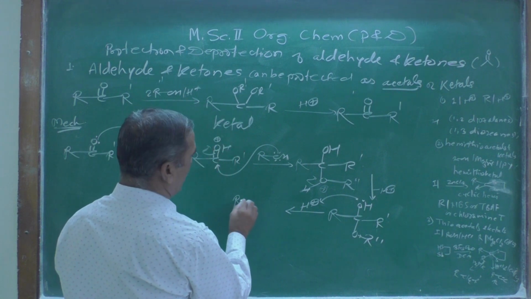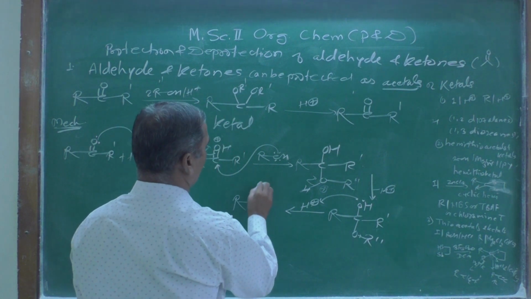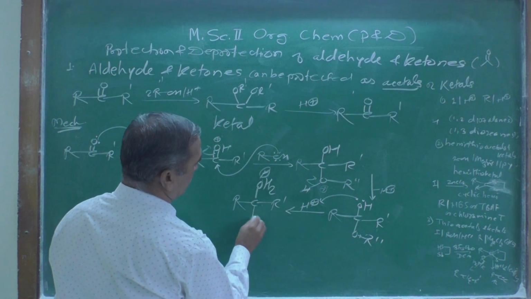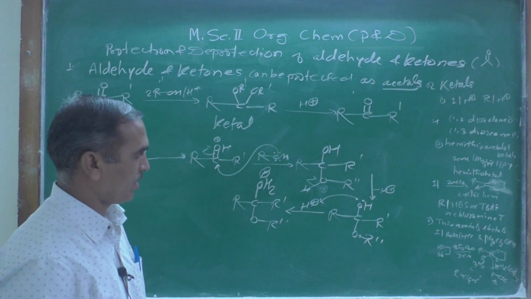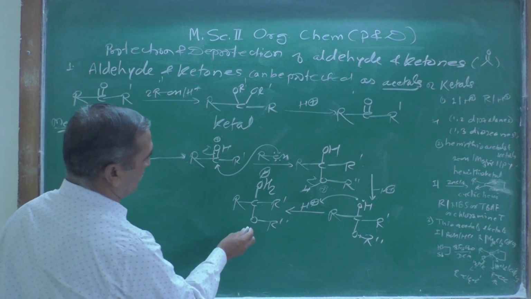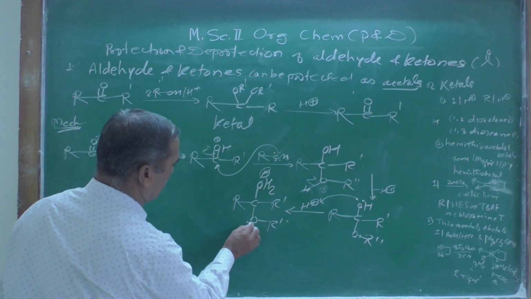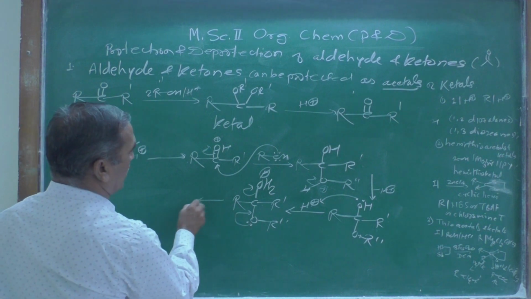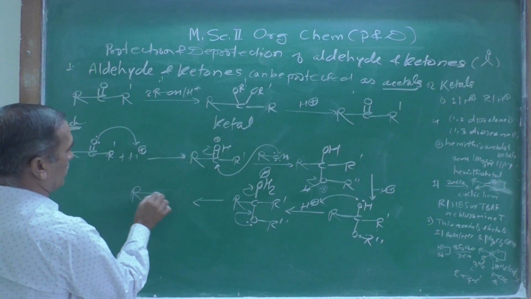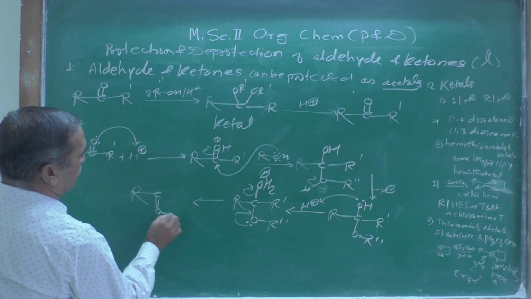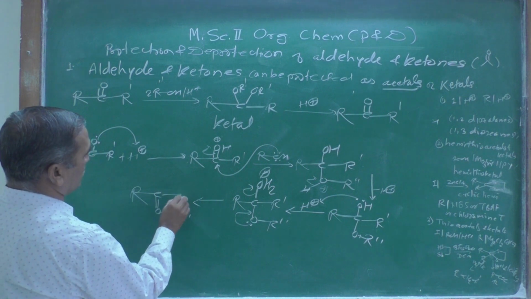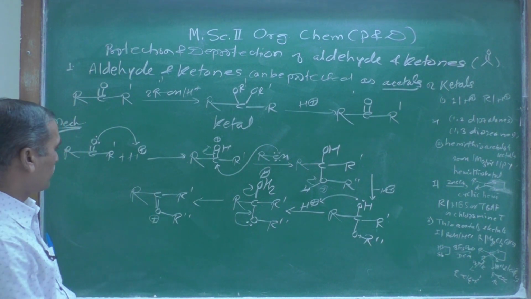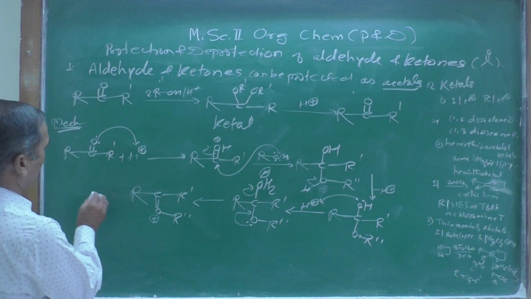You are going to get R C, then OH2, positive charge over there, R dash, then O R double dash, right? When this happens, now the lone pair which is present on that oxygen atom forms the double bond with this, and you are going to get here R C double bond O R double dash, this R dash. Positive charge on that oxygen atom, it becomes highly unstable.